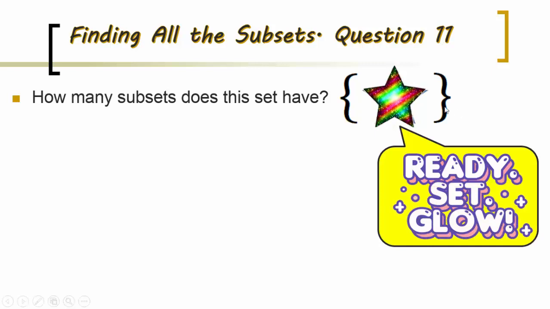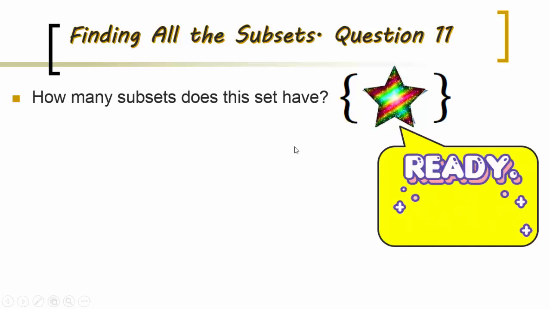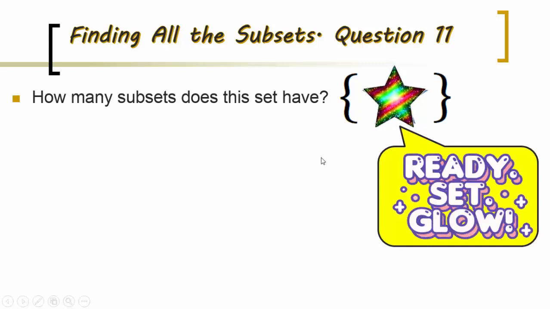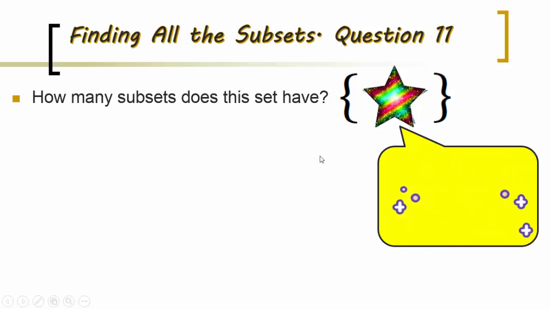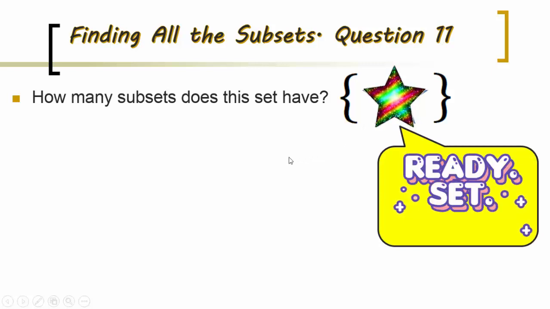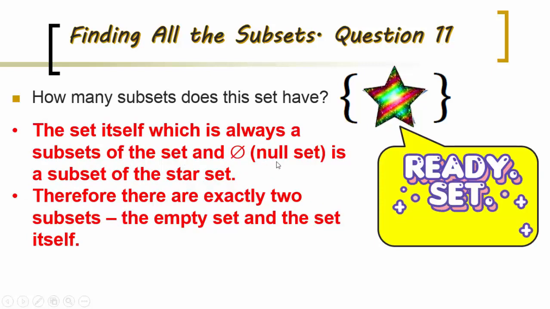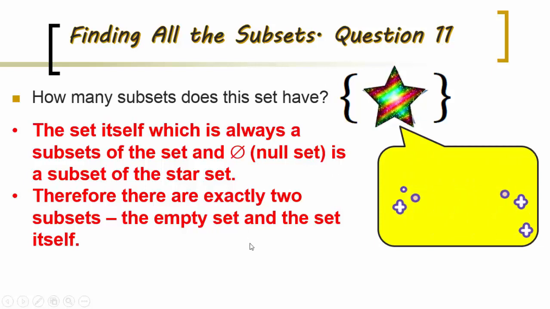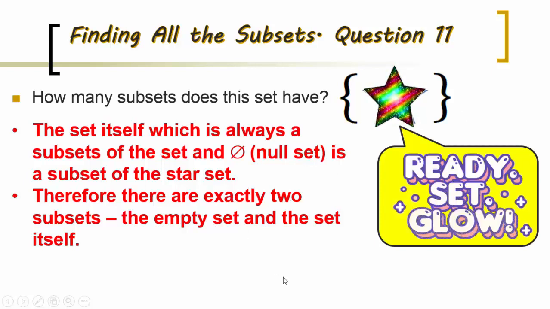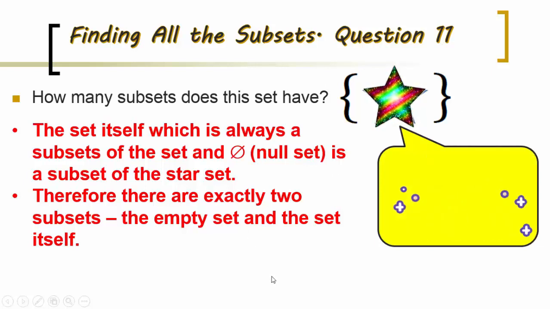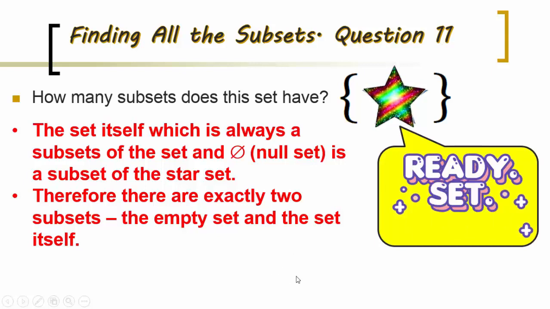So therefore, we have the empty set and the set with the star in it, so we actually have two subsets. We have the null set or the empty set, which is always a subset of a set, and we have the entire set itself, which is also considered a subset. So therefore, there are exactly two subsets.